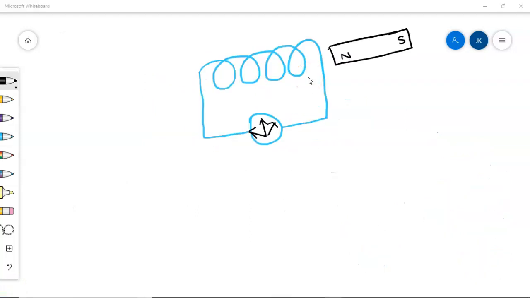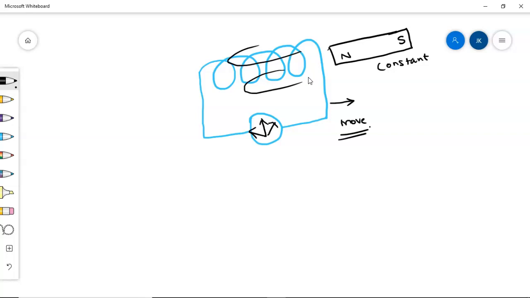The same thing happens if you move the solenoid and keep the magnet constant, moving the solenoid in and out. The same magnetic field lines are being cut by the solenoid, which induces EMF and causes induced current.